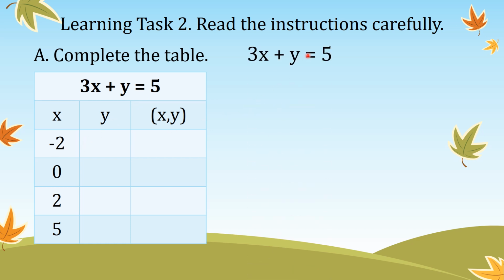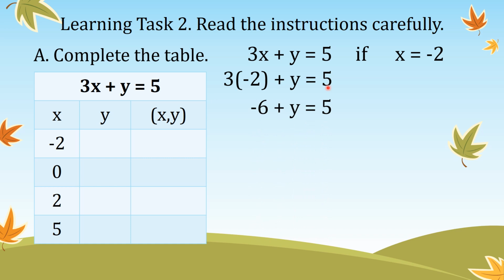So let us solve 3x plus y equals 5 if x equals negative 2. So substitute negative 2 to x. So we will have 3 times negative 2 plus y equals 5. And simplifying, 3 times negative 2 is negative 6. Then plus y equals 5.